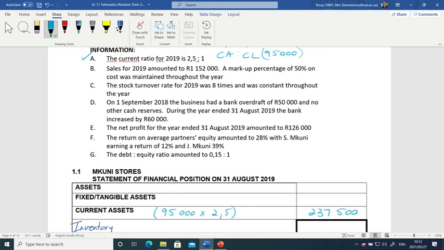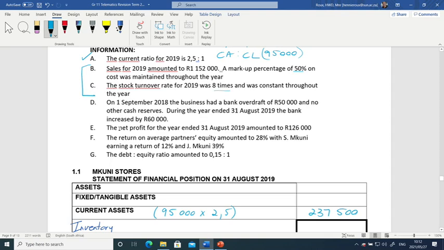Information B, they show you sales for 2019 amounts to 1152. Markup of 50% on cost. So we know we can calculate cost of sales. They also give us the stock turnover rate. Now, we know that sales and cost of sales are nowhere to be shown on the statement of financial position. But when we read number C, the stock turnover rate for 2019 was 8 times and was constant throughout the year. So those two go together in order to get the trading stock. How do I know that?